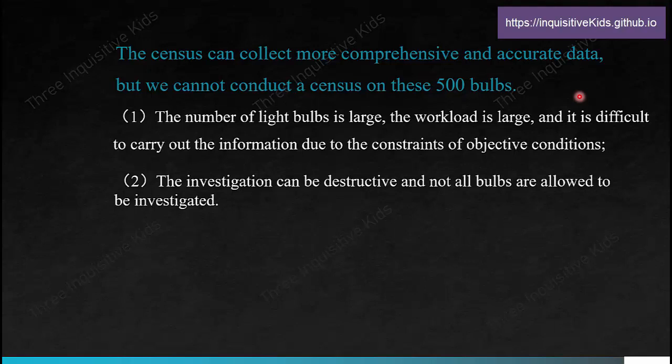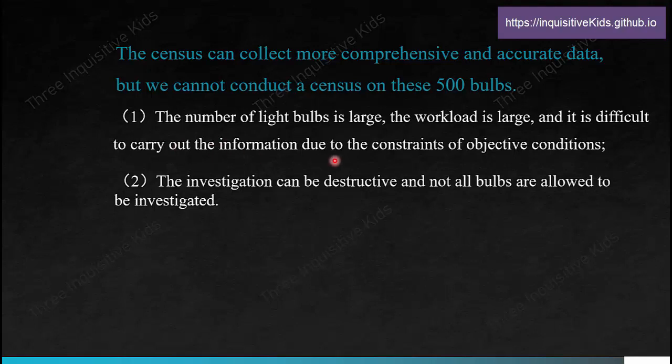So we just learned about the way of census: surveying a whole population, where each individual in that population is surveyed, and it can collect more comprehensive and accurate data. But we can never conduct a census on all of these 500 bulbs. It's just the amount is simply too big.